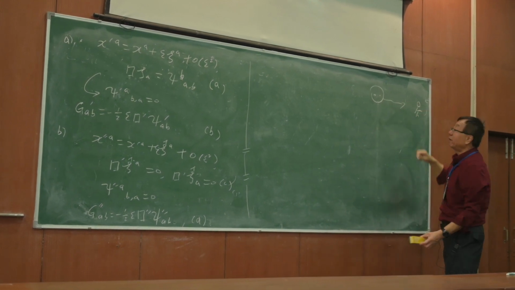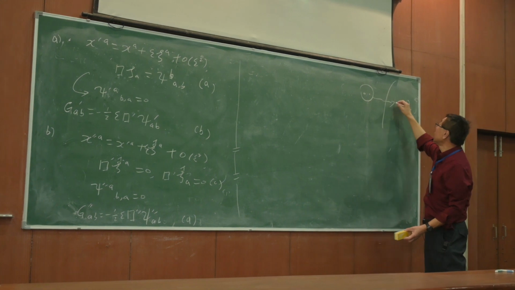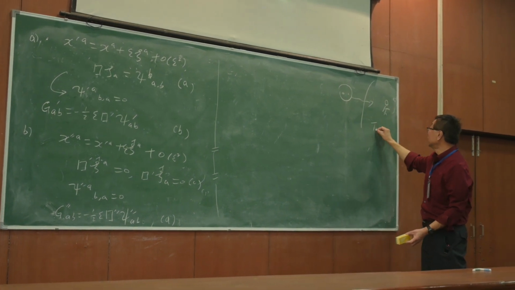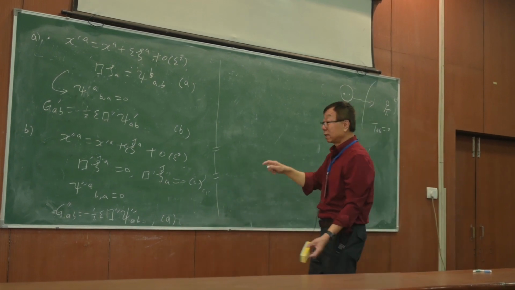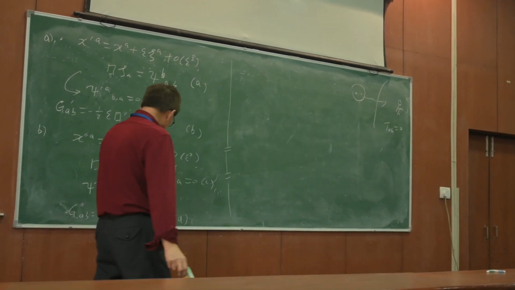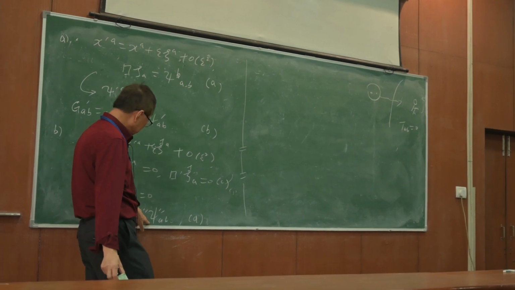We are far from the source. So if we are in this region, our TAB equals 0. So I simply have GAB equals 0.